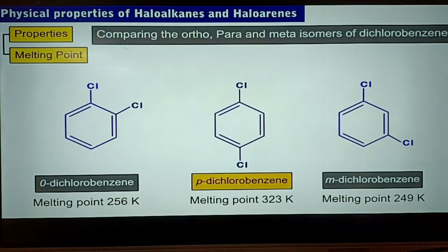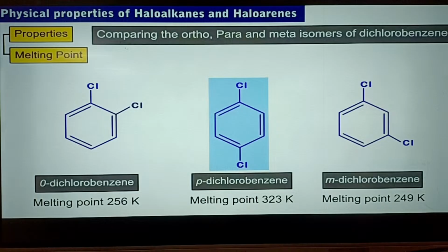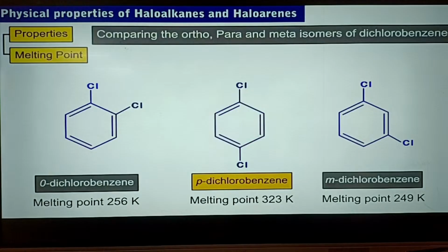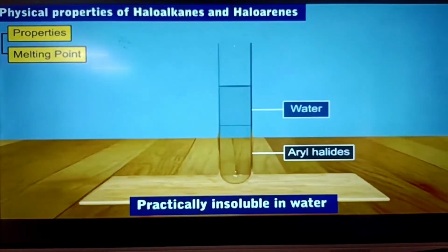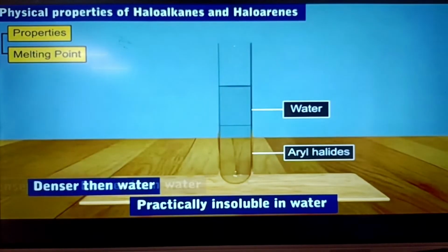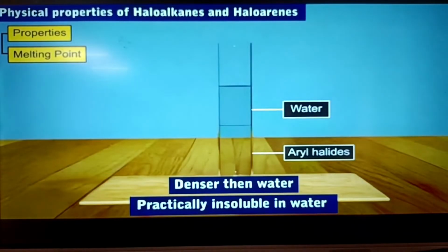However, the para isomers have higher melting points. The greater symmetry of para isomers fits better into the crystal lattice, making the para isomers melt at relatively high temperatures.